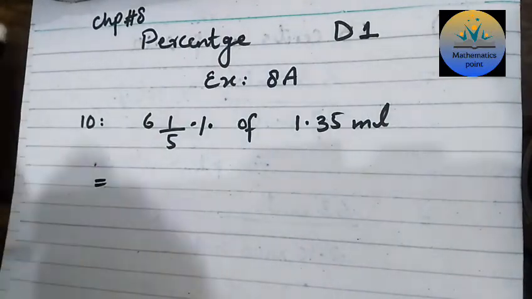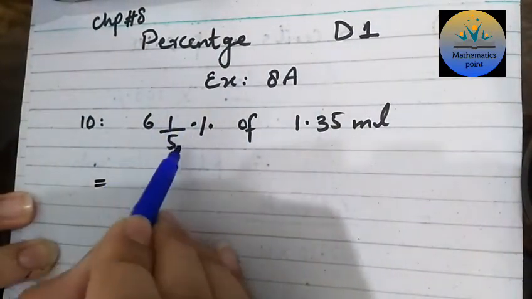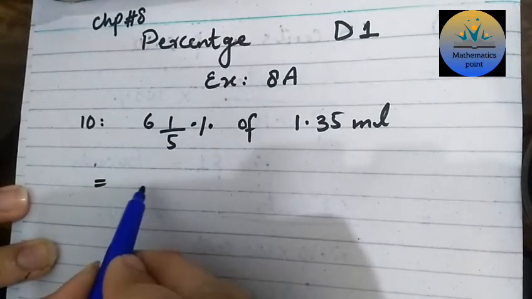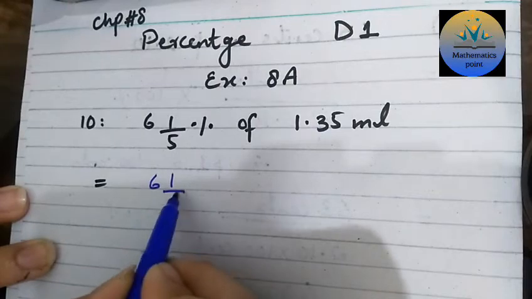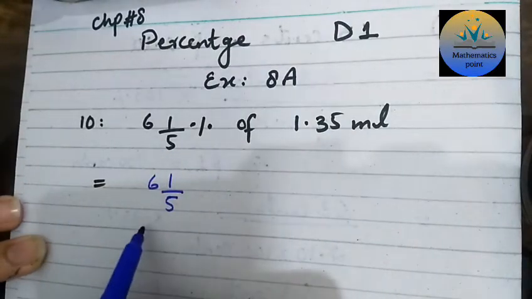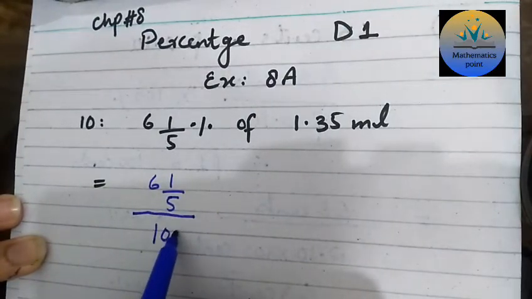Bismillahirrahmanirrahim. Already the term is given in the form of percentage, 6 whole 1 by 5. To remove the percentage sign, as you learned in the earlier lecture, we have to divide that term by 100.